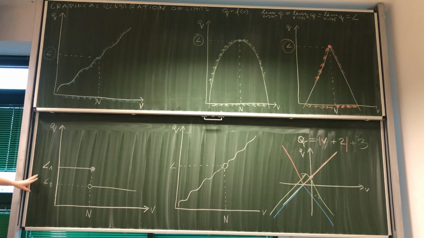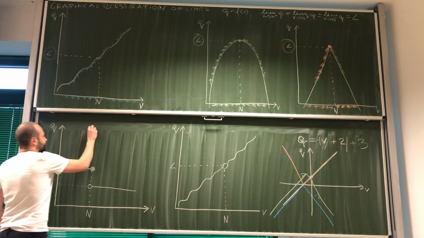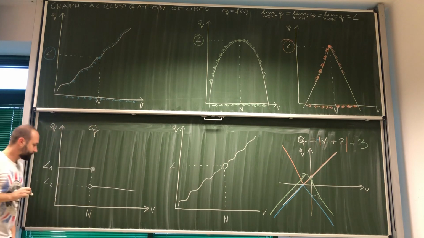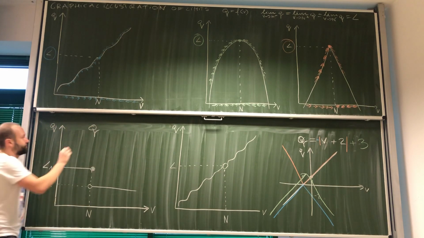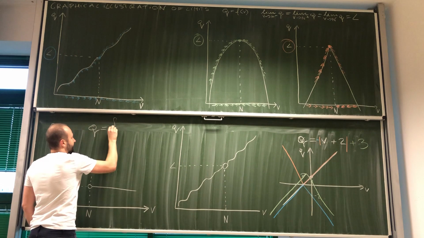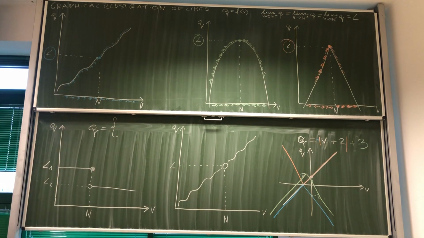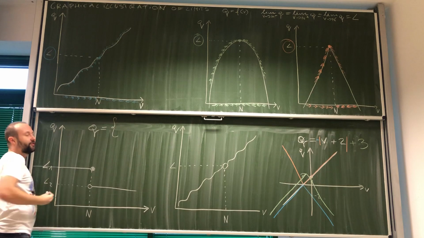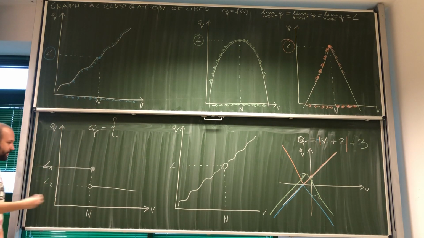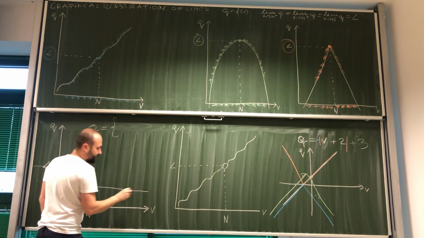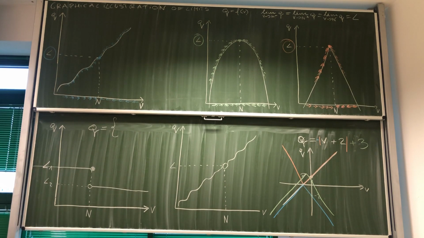Look, what we see over here is called a step function. And this step function could be written as q is equal to. Here we see that this function takes only two values, assuming that the function continues like this indefinitely to negative infinity on v, and here continues like this to positive infinity on v.